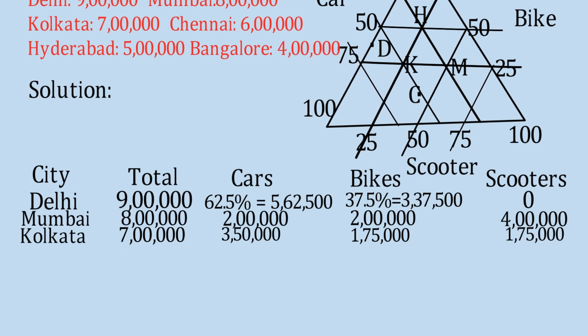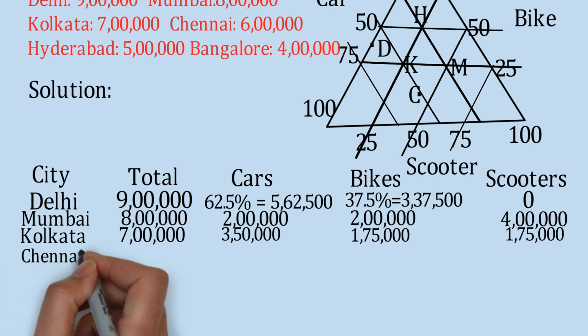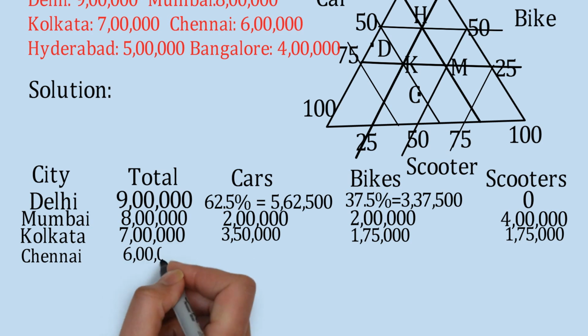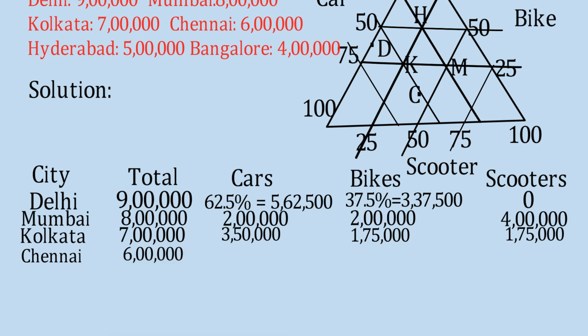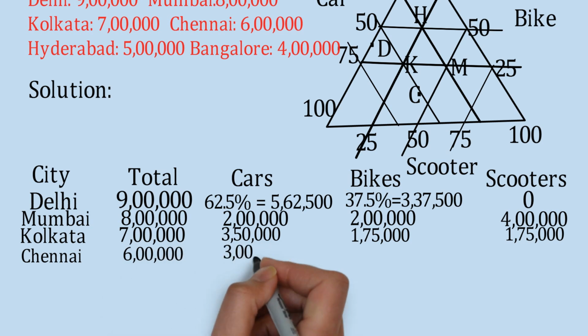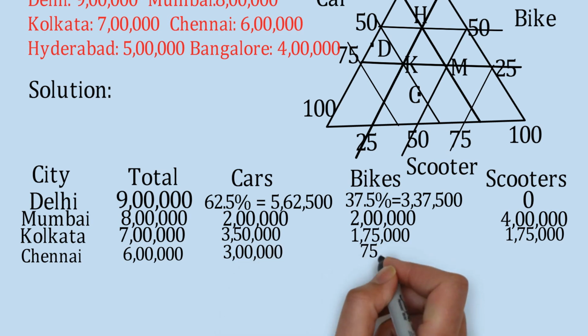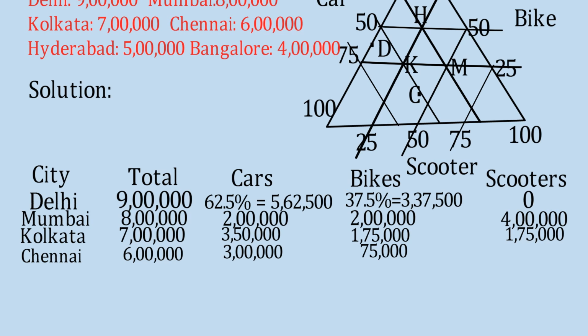Similarly, for Chennai, the total vehicles are 6 lakh. Cars are 50% of it, so 3 lakh. Bikes, how much are the bikes? It is just between 25% and 0, so it is 12.5%, so it is just 75,000.